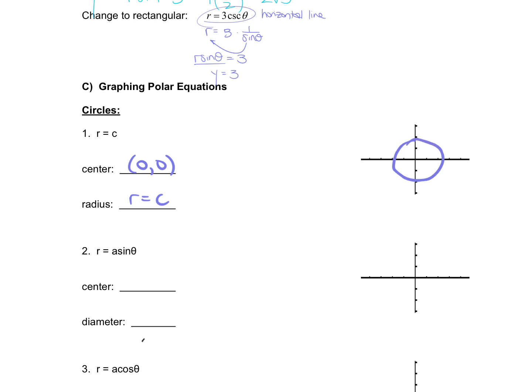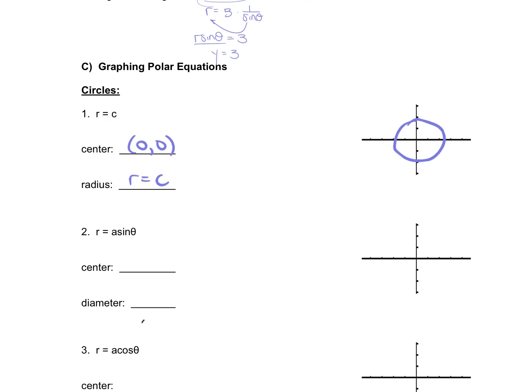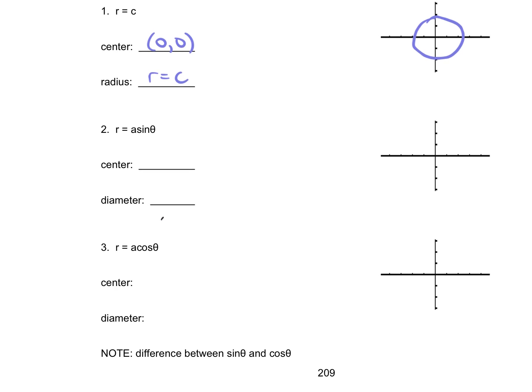That is not the only type of circle that you will see, though. There's a couple formats you will see for circles. One of them is what you see below: R equals a sine of theta. This is a circle on the y-axis somewhere.